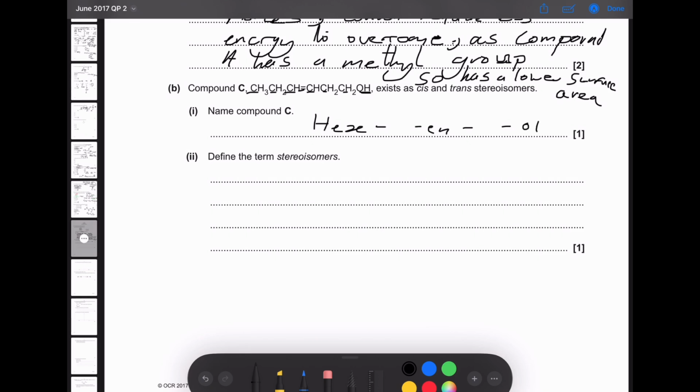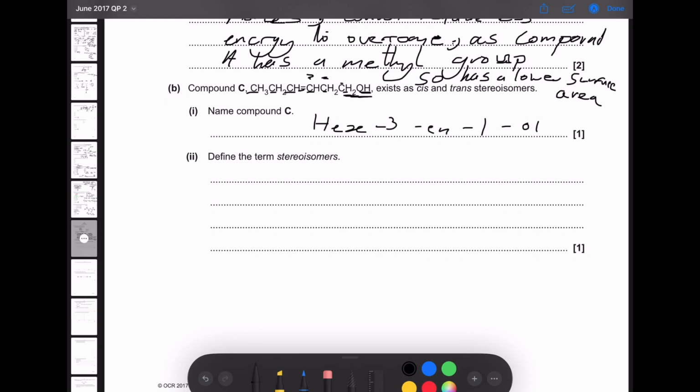Now, we need to put our numbers in. So this is attached to the first carbon, so we're going to say 1 ol, and then this is first, this is second, this is third, so it's hex-3-en-1-ol.